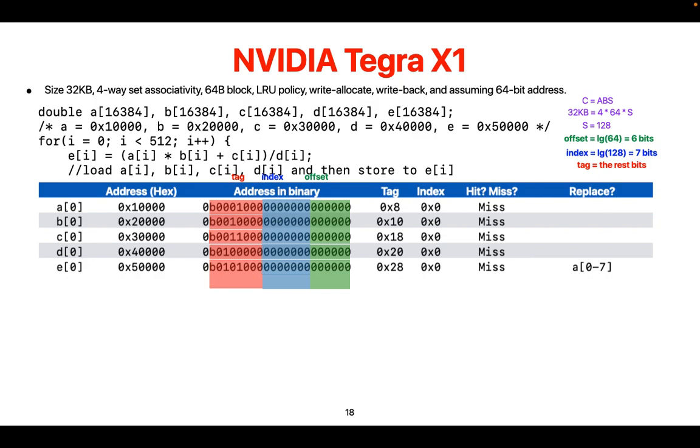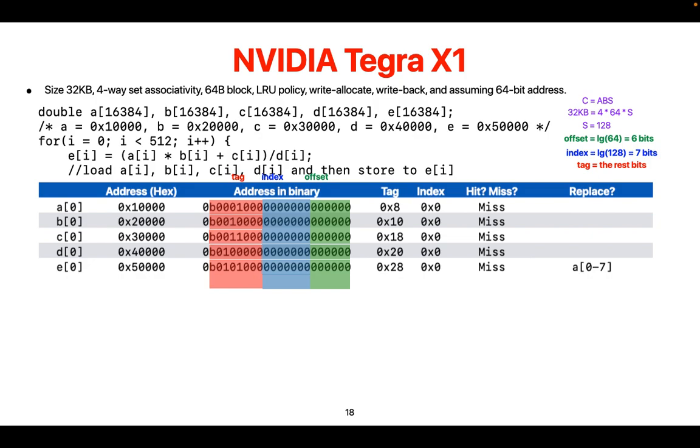Because at this point, the cache only has 4 times 64 bytes, which is 256 bytes in total. But the cache capacity is 32 kilobytes. The capacity is way more than that. But we start to replace stuff because this index 0 is now out of its capability of accommodating more blocks. So we have to kick this out.